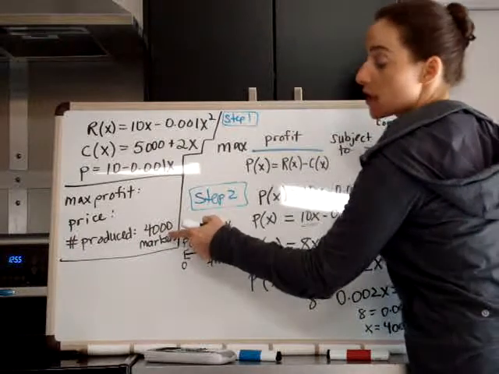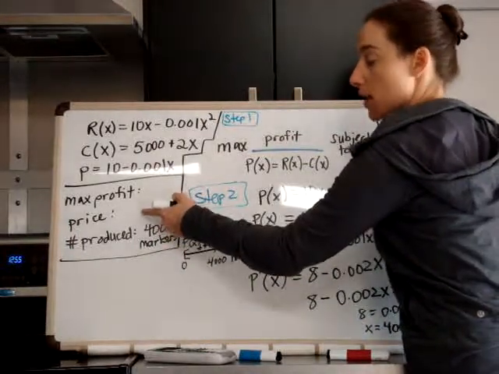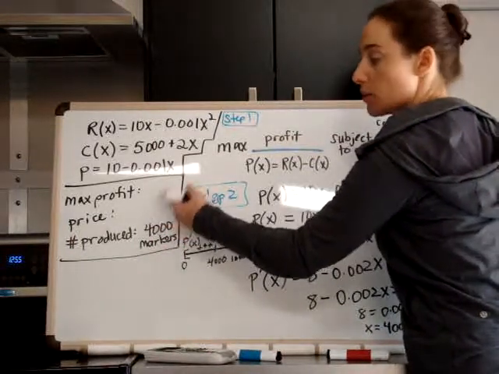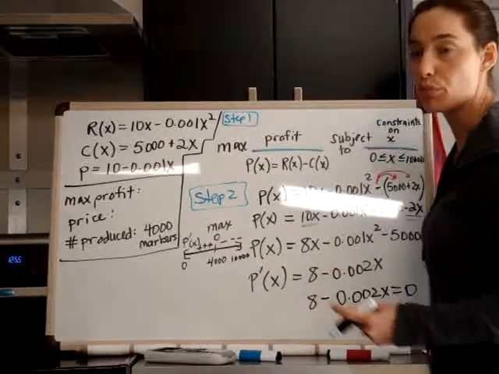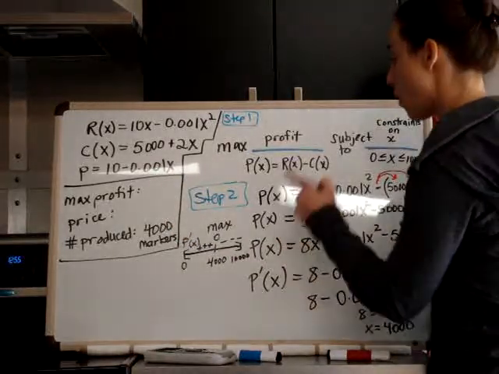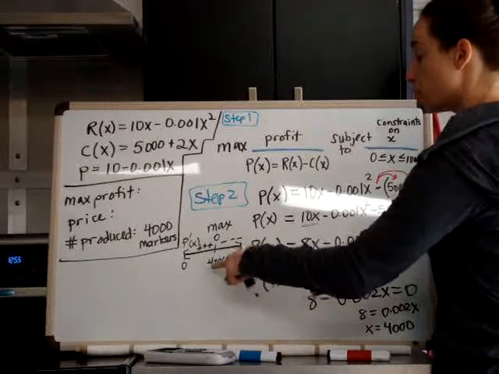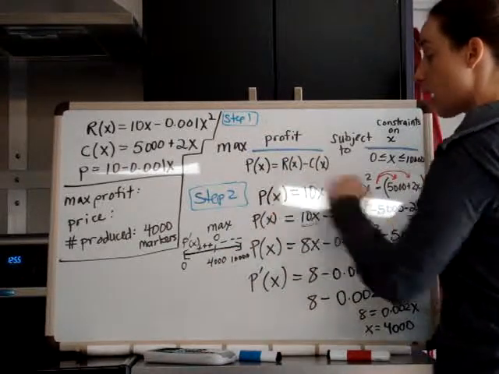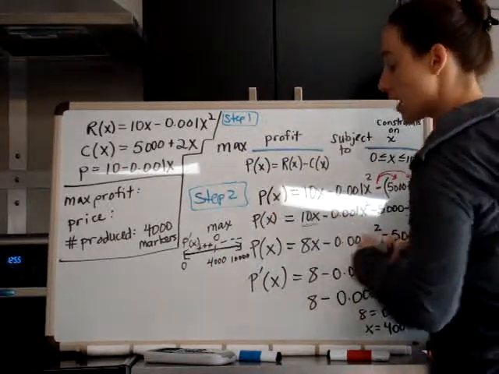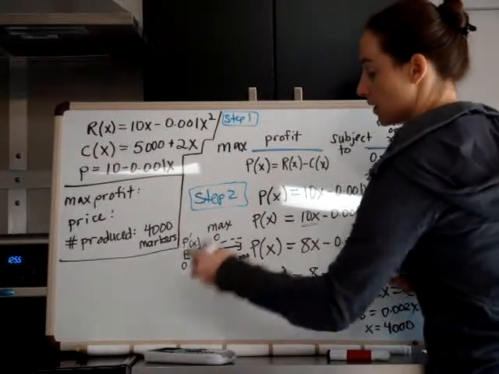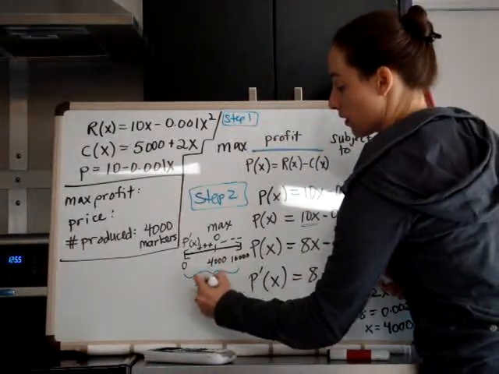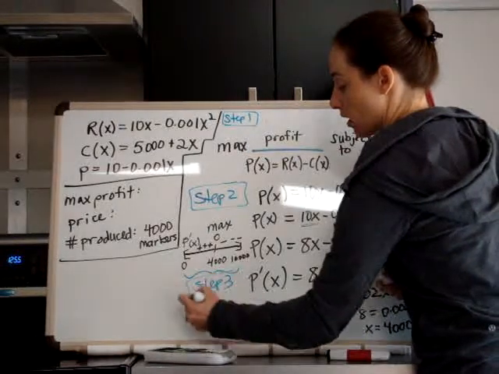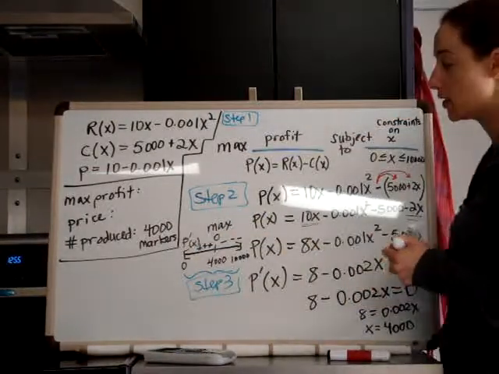And I can use this x value to find the price I should set the markers at to maximize the profit and what that maximum profit will actually be. So I'm going to plug my x equals 4,000 into my profit. And just heads up, this was technically step 3 right here, and answering these questions is step 4.